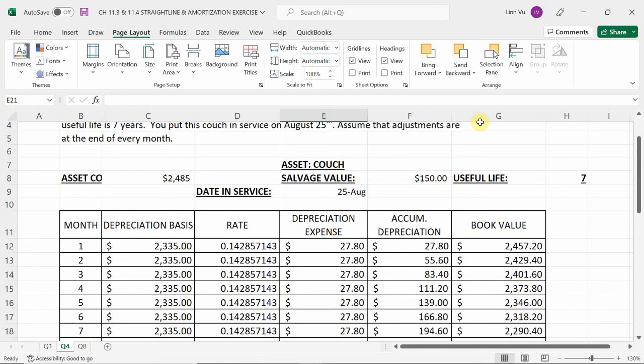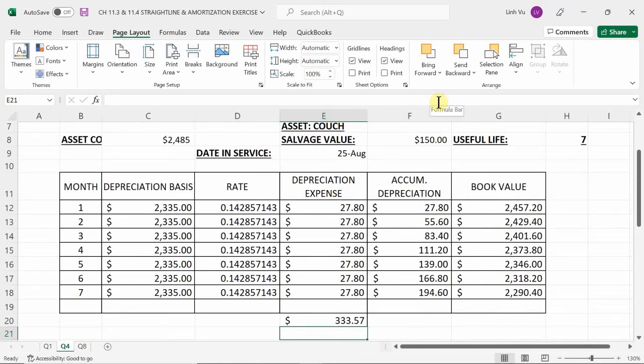So therefore, you would put into service as of September, right? Right. So how old would your asset be if I'm depreciating at the end of the year, December 31st? 4 months. 4 months. Okay?